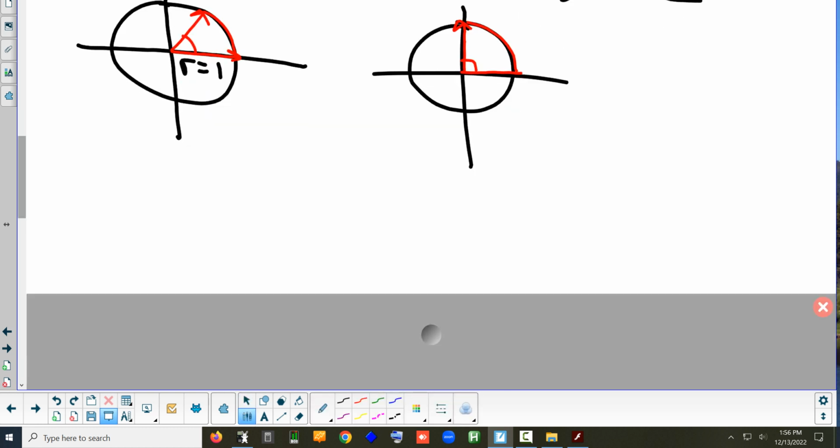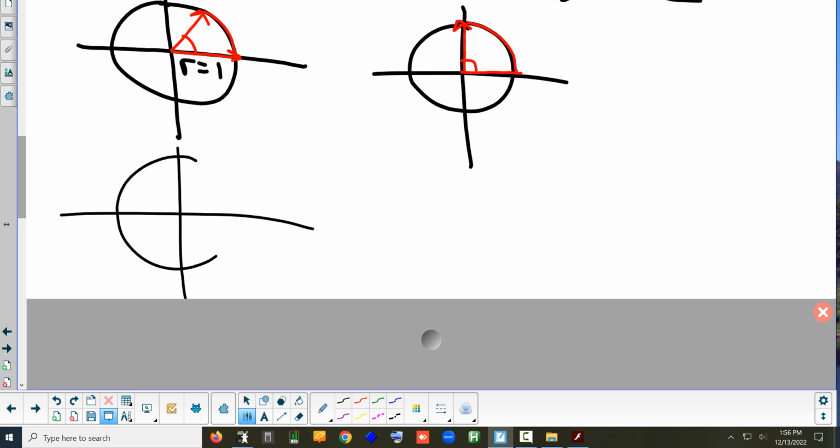Now, let's go a little bit bigger. How much is that angle? That's 180. If you measure this angle in radians, and then you measure this arc right there, they will come out exactly the same.